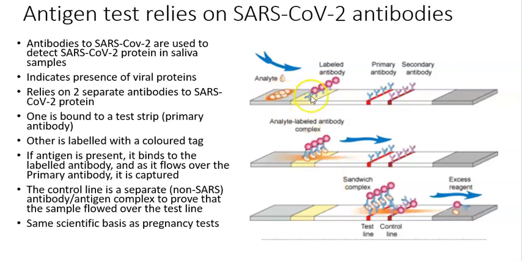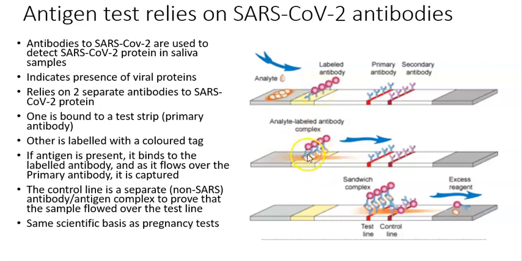So we get, because this antibody is an anti-SARS-CoV-2 antibody, and so is this one. They both bind to the virus. This one is labelled, this one isn't. So as this analyte comes along, if there's any virus present, it will bind to this antibody, and then the whole lot will flow along this way, and if this analyte is SARS-CoV-2, it will bind to this antibody that is already bound to this antibody.